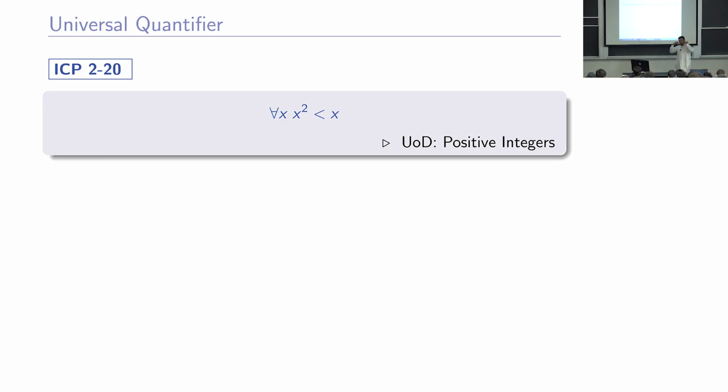But again, if you understand the statement, it's not going to be very difficult to say whether it's true or false. This statement says the square of every integer is smaller than itself. Whenever I make a claim, if I claim that all of you here are law school majors, how would you prove me wrong? How would you tell me that my statement is false?